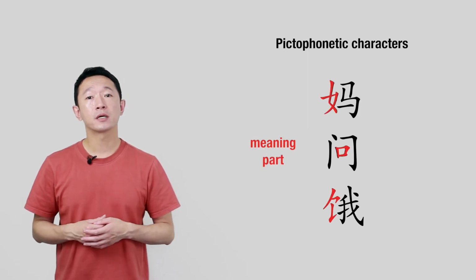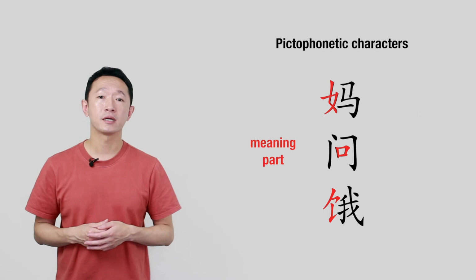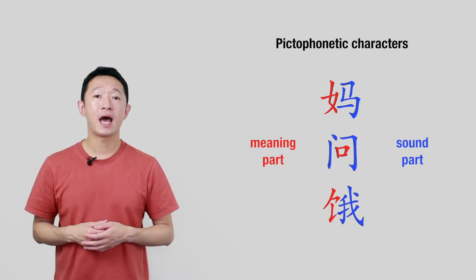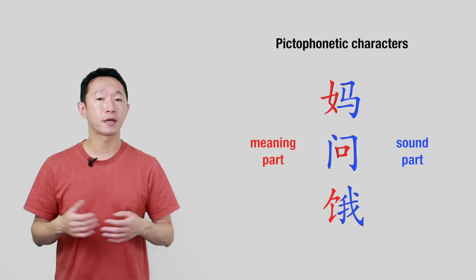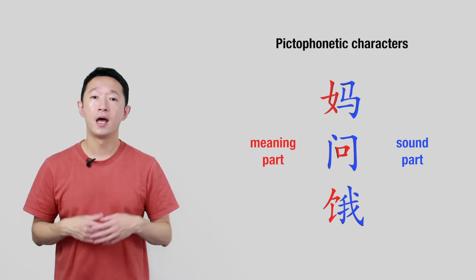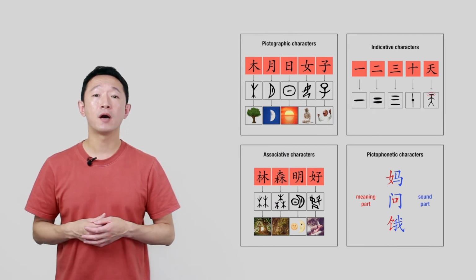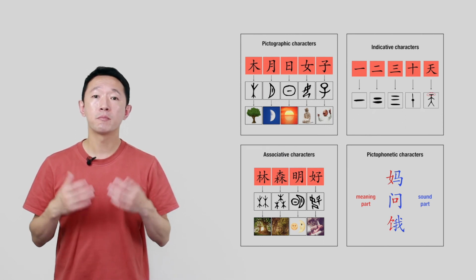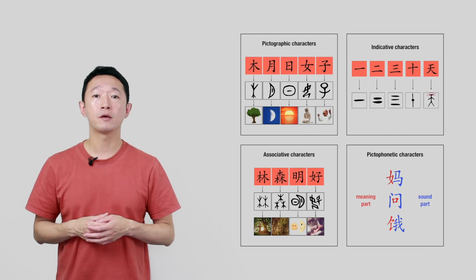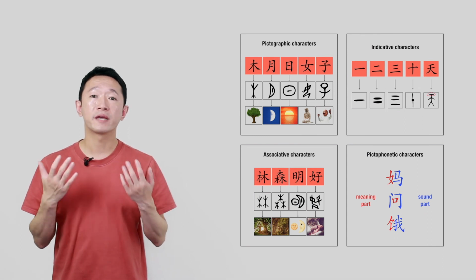One part gives a clue to the possible meaning the character might be related to. The other part can help you guess how to read the character. Knowing how Chinese characters were created not only makes learning characters more interesting, but also helps you learn them more efficiently.